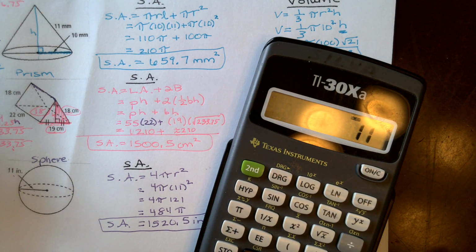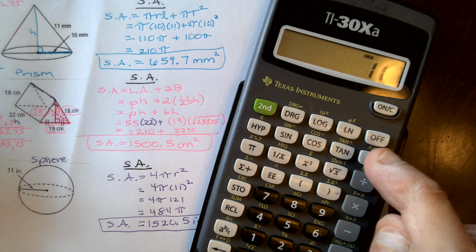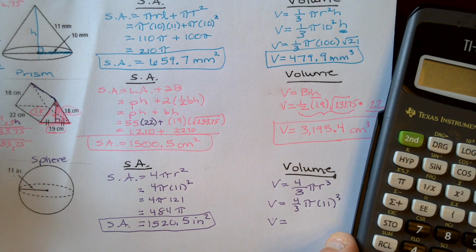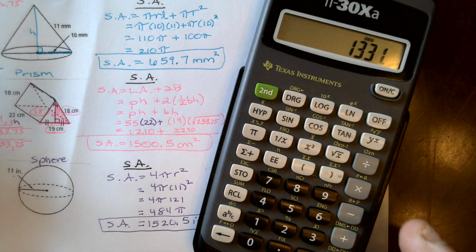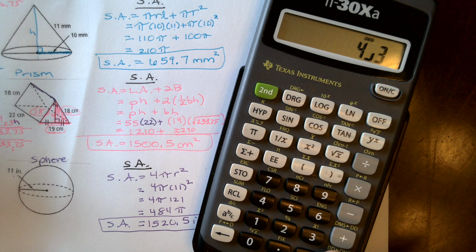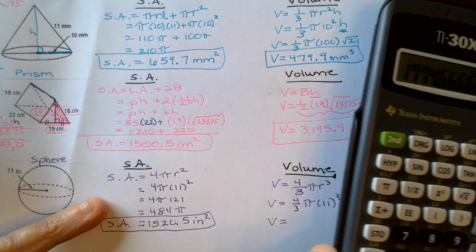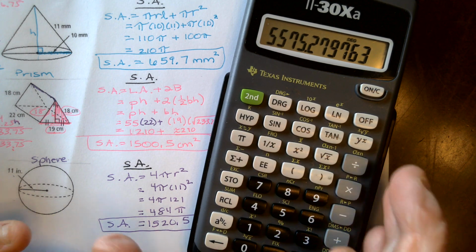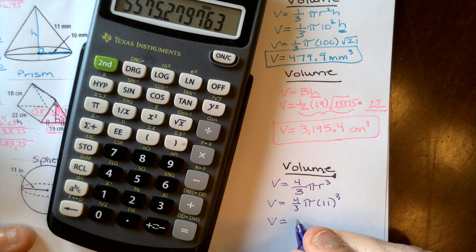You can do 11 times 11 times 11, or you can do 11 and use this button right here, and then 3. So that's that. And then times 4/3, and then times pi. 5575.3.